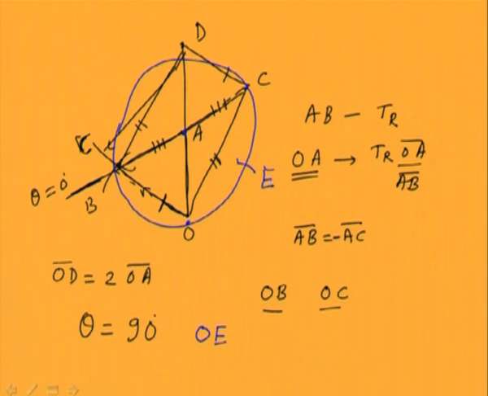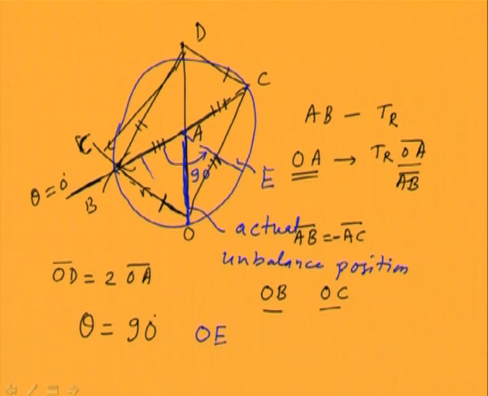So that means this is the 90 degree position, and OA represents the actual unbalance. This is the actual unbalance position. That means this particular angle, let us say beta, is the actual location of the unbalance. So we got the magnitude of the unbalance using this, and the position as beta.